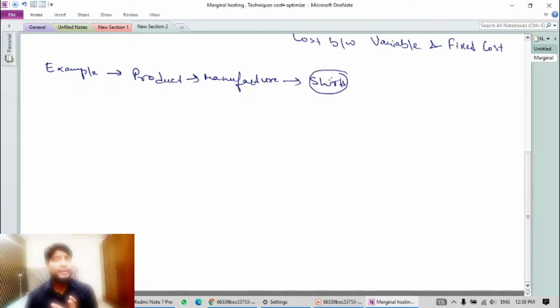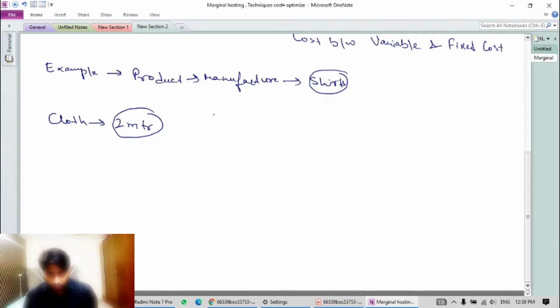What is the raw material that you need to manufacture a shirt? We need cloth. How much cloth do you need to manufacture a shirt? Sir, generally we need 2 meters of cloth to manufacture one shirt.